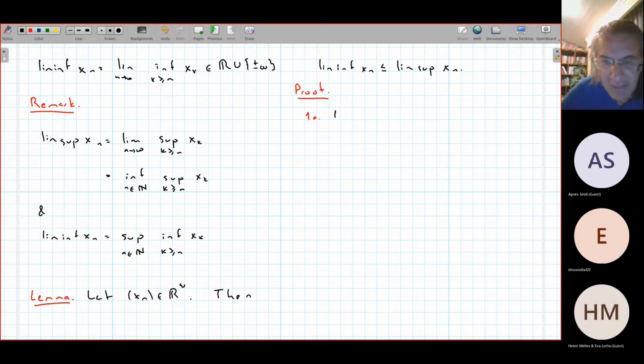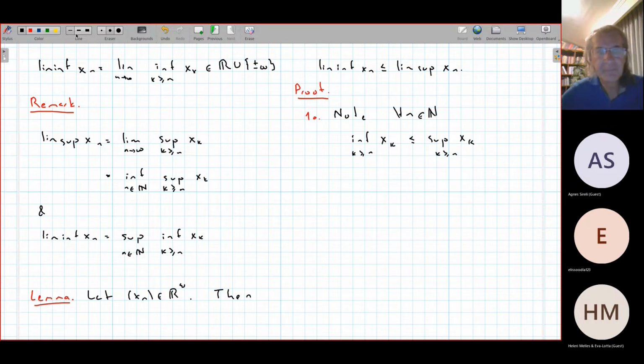First, notice that for every n in the naturals, the infimum of these numbers is less than or equal to the supremum of the same numbers. I guess we can say that this is obvious, right?